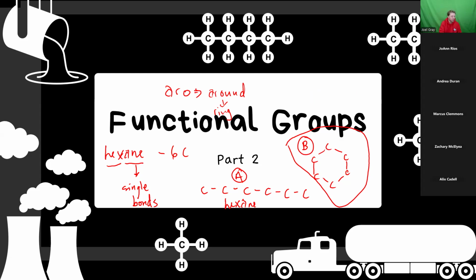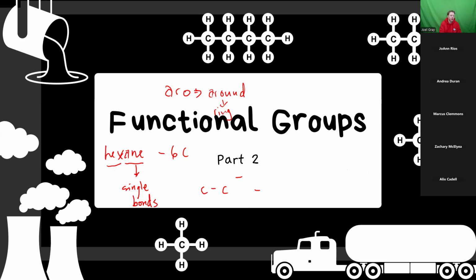Now, there's a couple of details that we have to remember about an aromatic compound. An aromatic compound is always going to be a ring, and it's got alternating double bonds. One of the tricky parts about this is that benzene is one of a few molecules that I'm going to ask you to know by that common name.